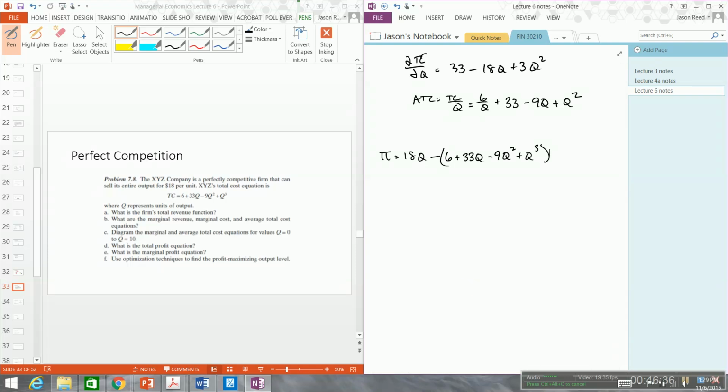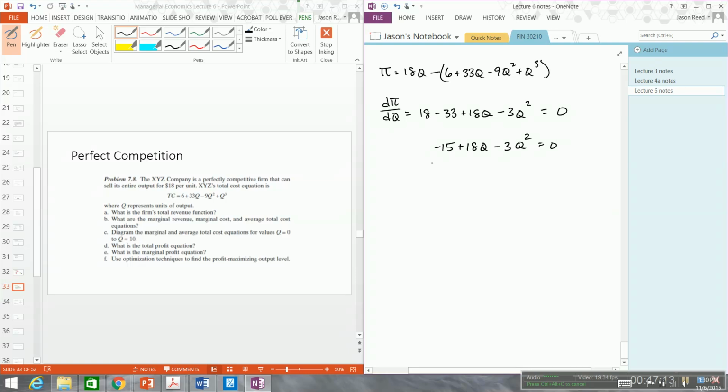And if we're going to optimize this, we want to look at d pi dQ. So we are going to find that it is 18 minus 33 plus 18Q minus 3Q squared. We're going to set that equal to 0 so that we get negative 15 plus 18Q minus 3Q squared is equal to 0.